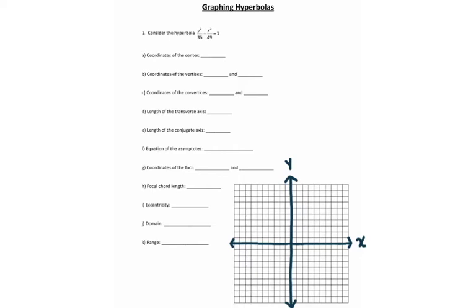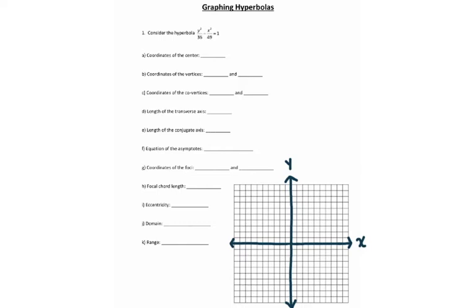Now, before we even get into that, though, we need to figure out if this hyperbola is vertical or horizontal. The way that you figure that out is you look for the variable that comes first in the equation, because that variable is positive. It's not the variable that has a larger denominator.